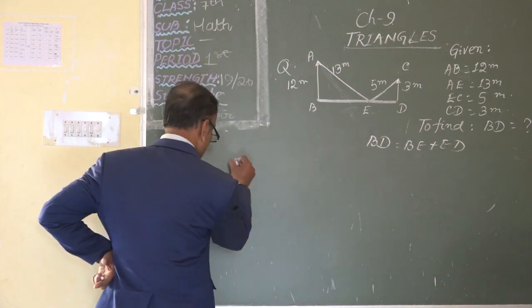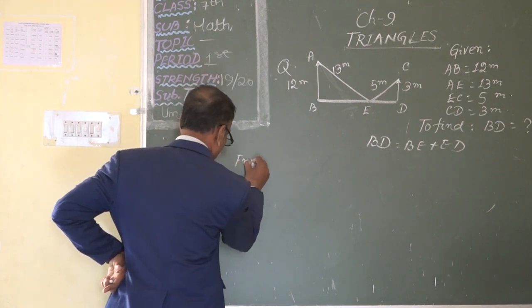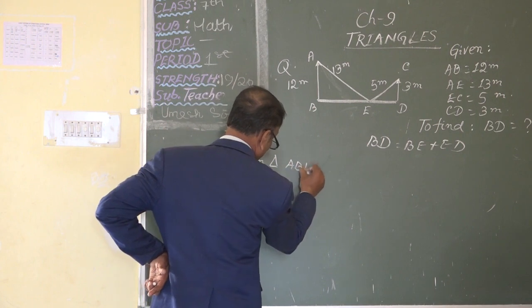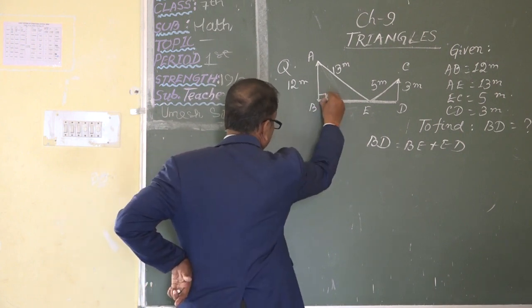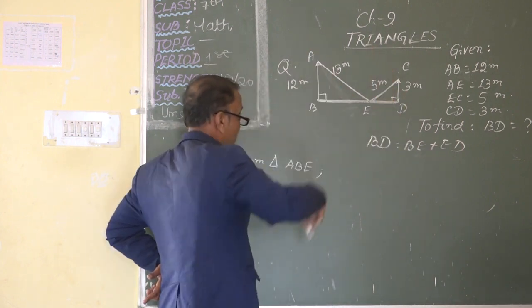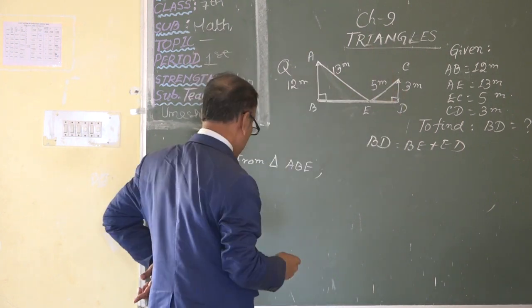ABE, right? So you will write like this: from triangle ABE, this is 90 degree, given vertically. These are the vertical poles, 90 degree.